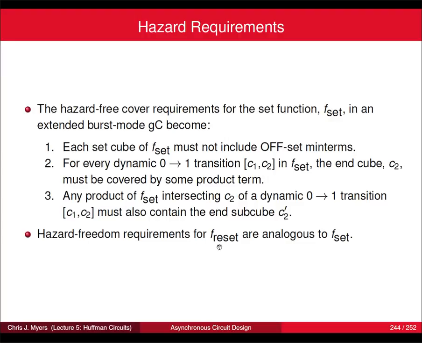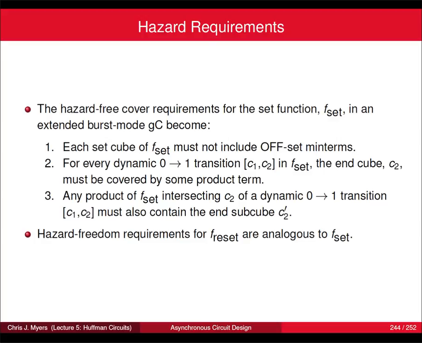And then the hazard freedom requirements for F reset are just the dual of that. So when you're building F reset, the terms must not include onset minterms. For every 1 to 0 transition in F reset, the start subcube must be covered by some product term, and for every 0 to 0 transition, the end subcube must be covered by some product term, because now the end subcube is where you're setting it to 0.